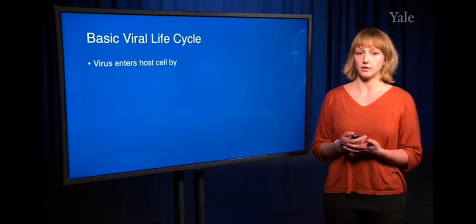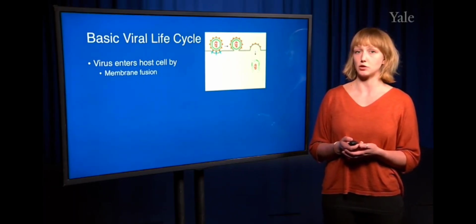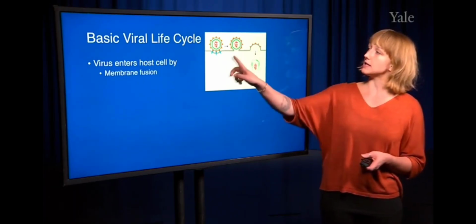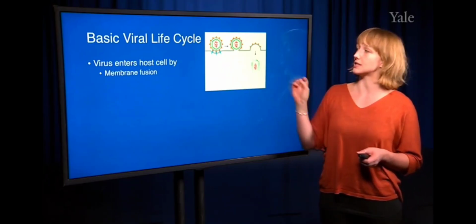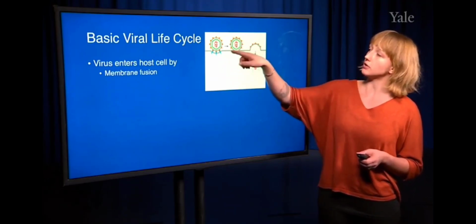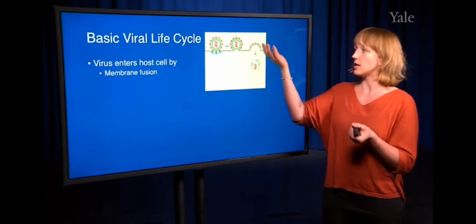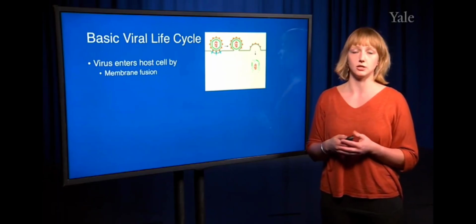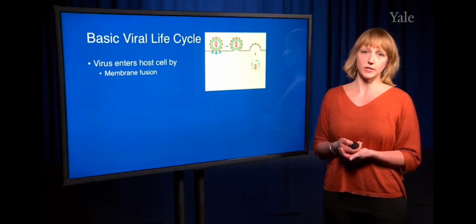They can do it by membrane fusion, illustrated here. You can see that the membrane of the virus interacts with receptors on the host cell, and then this outer membrane fuses with the membrane of the host cell to release the genetic material of the virus into the cell. Viruses can also enter host cells by endocytosis.